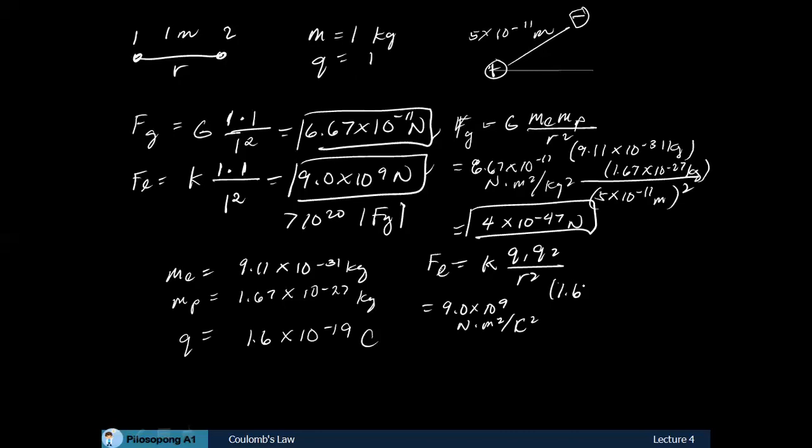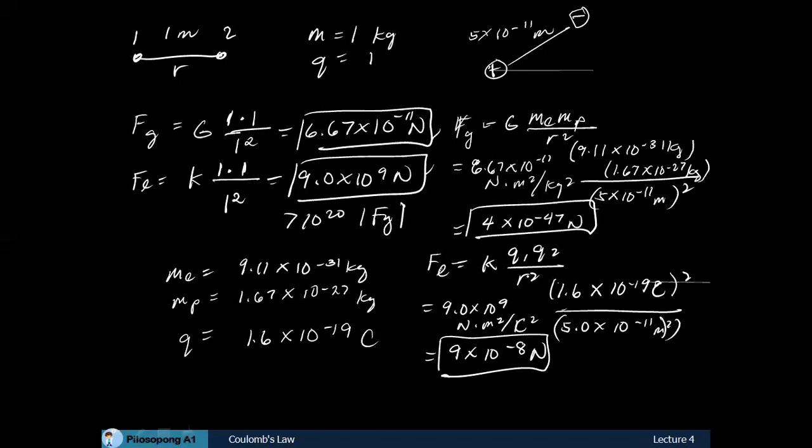Since one charge is equivalent to 1.6 times 10 raised to negative 19, whether it's positive or negative, we just need to square it. 1.6 times 10 raised to negative 19 Coulomb squared over 5.0 times 10 raised to negative 11 meters squared, and we get an answer of 9 times 10 raised to negative 8 newtons.